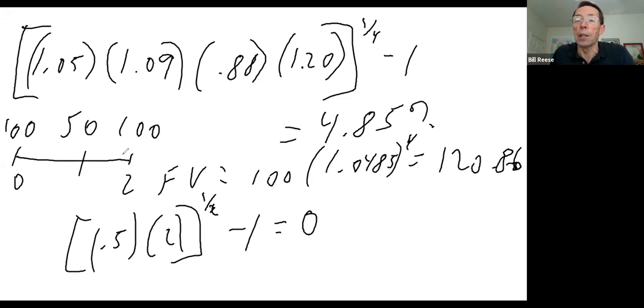Now, this doesn't mean we just throw out the arithmetic mean and say it's no good for anything, we'll never use it. Not true. We do use the arithmetic mean when we're talking about expectations of future returns. And we also use the arithmetic mean when we're calculating variance. And as you probably know, variance is a measure of volatility. A very little bit of variance, we're going up and down like this. A lot of variance, we're going up and down like this.